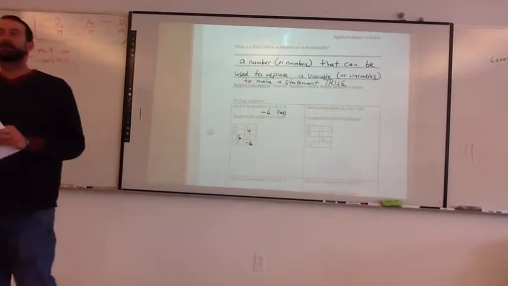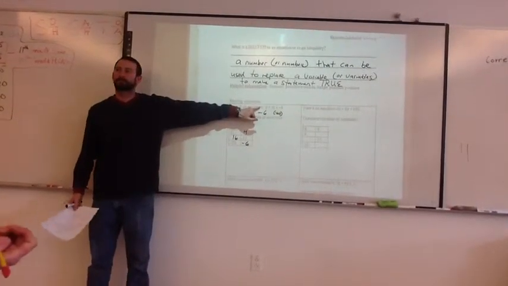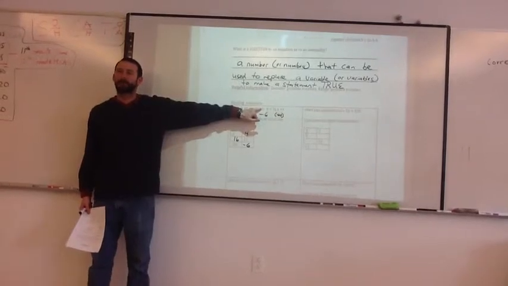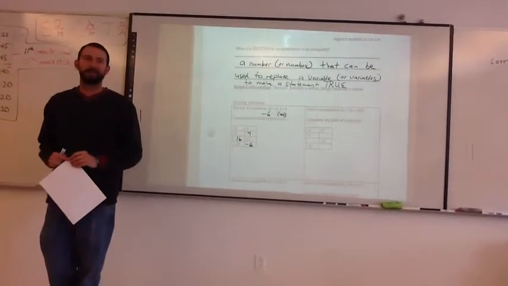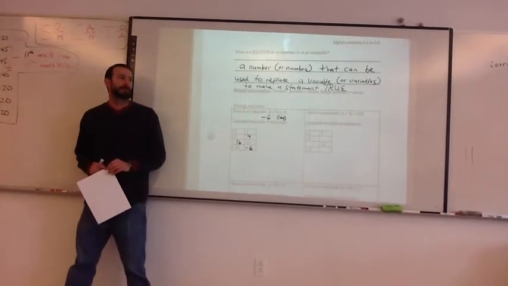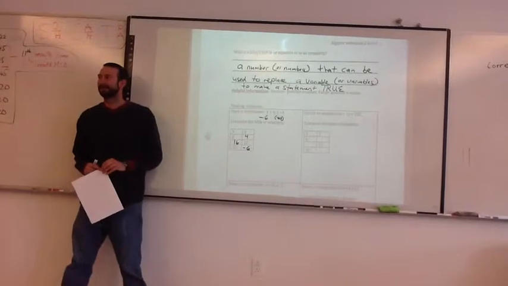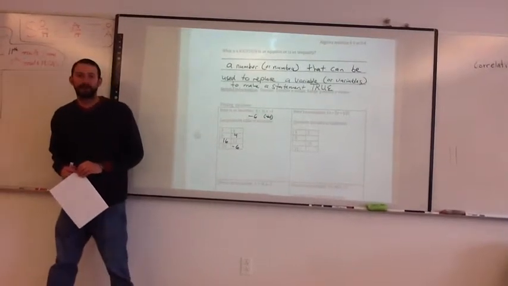Are there other potential solutions to this equation? Yes. How many more? Are we missing 1? Are we missing 2? Are we missing 10? How many more possible solutions would there be? An infinite number.